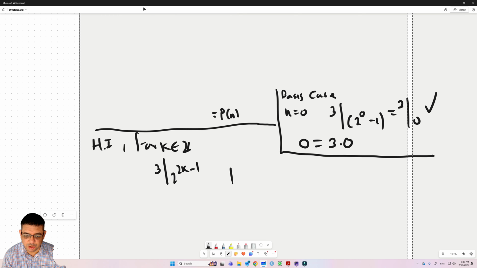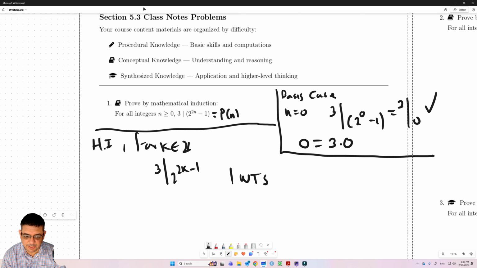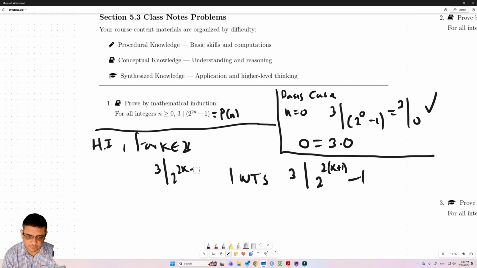Now we want to show that 3 divides 2 to the 2k plus 2 minus 1. I put this minus in the wrong place. So let's actually go and show it.